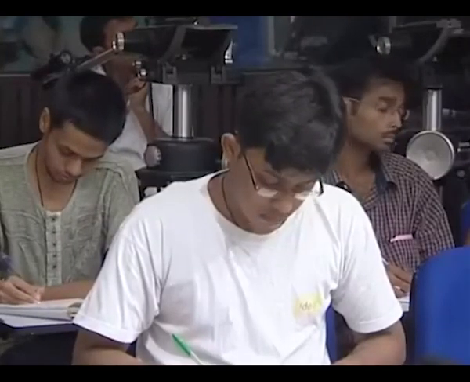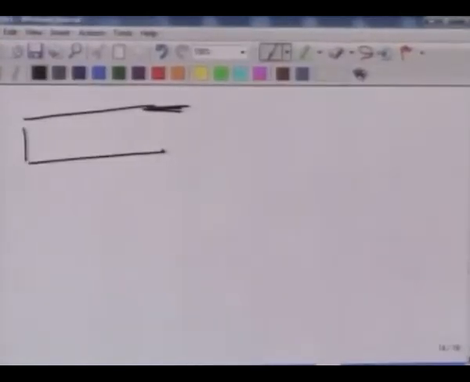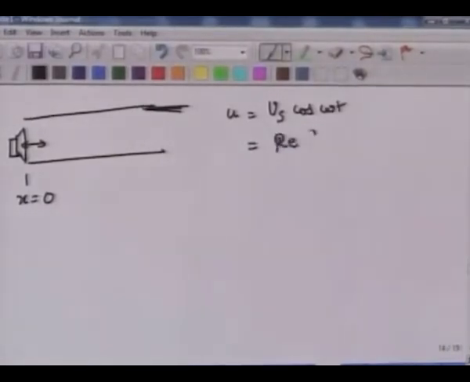So we will do one more example, and that is of an infinite tube. And again, I am exciting it at this location through a velocity source, x equals 0 at this location. So also I know that at x equals 0, velocity equals US cosine omega t, and in complex notation I can write it as the real component of US e^(j omega t).